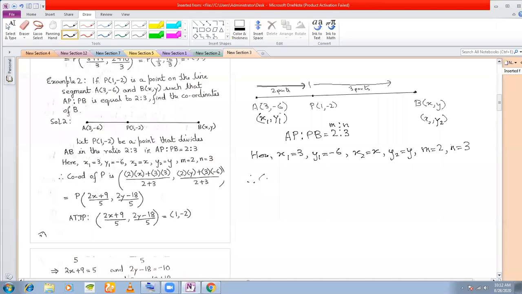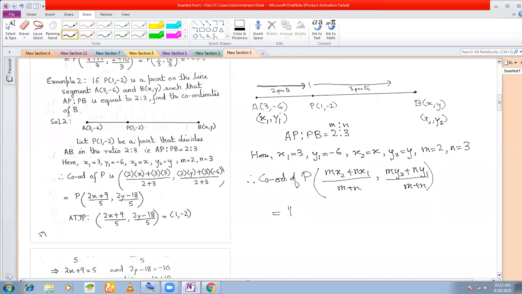So therefore, coordinates of P, write the formula: (m x2 plus n x1) by (m plus n), (m y2 plus n y1) by (m plus n).